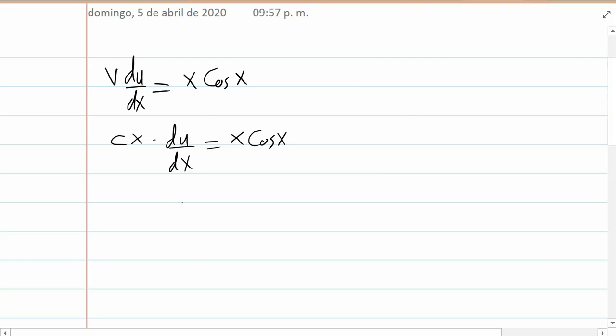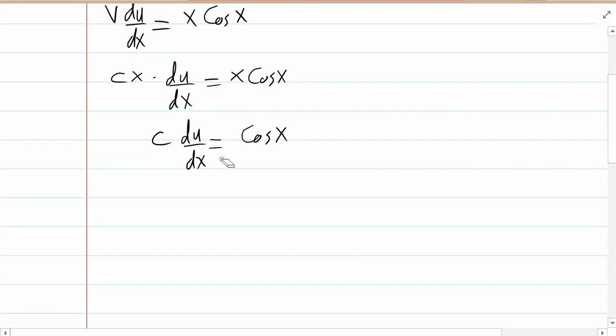So from there it follows that c du over dx is equal to cosine x. So we can find the antiderivative of this function, and we have that c times u is equal to sine x plus some other constant. I'll call that one b.